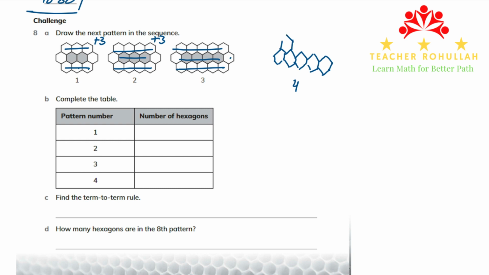So we have to complete this. 1, 2, 3, 4, 5. And 1 here. It will be 6. Then here 7. Then we have to follow the same way down here.